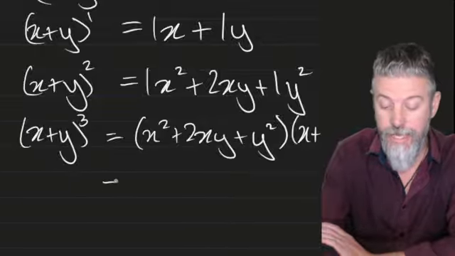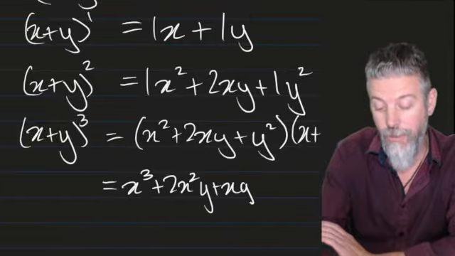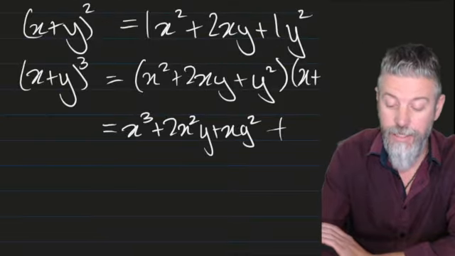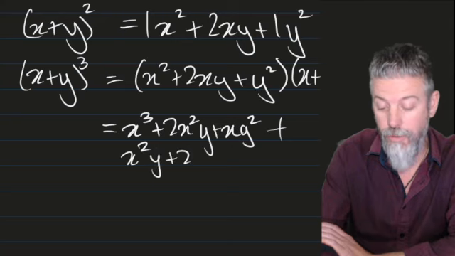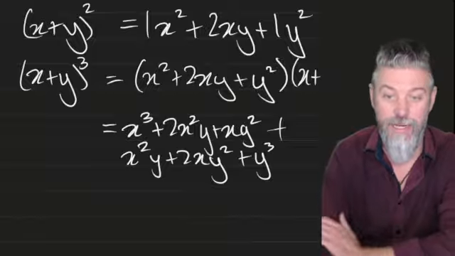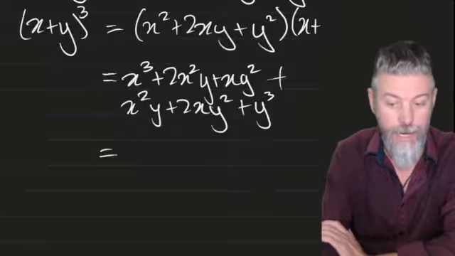So we run the x through and we get x cubed plus 2x squared y plus xy squared. And then we run the y through and we get x squared y plus 2xy squared plus y cubed. And you can see why you would never expand anything bigger than a cubic, because if you had to do this for 4, it would be massive.